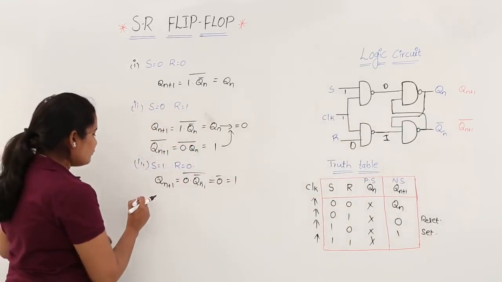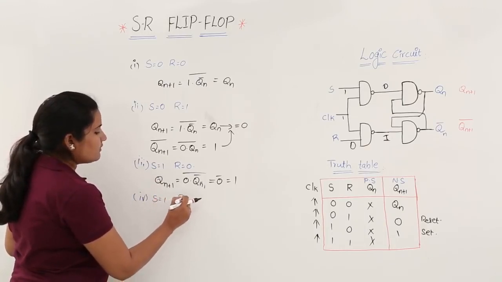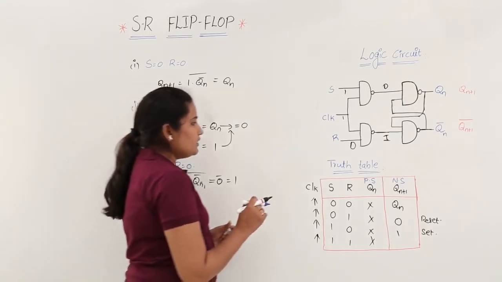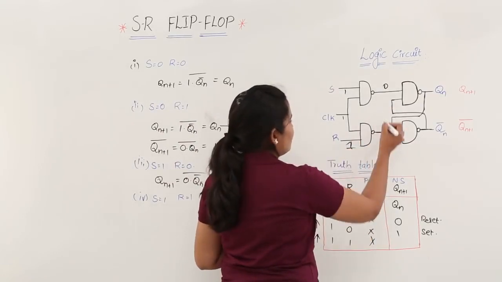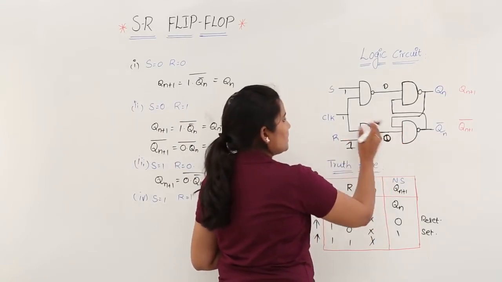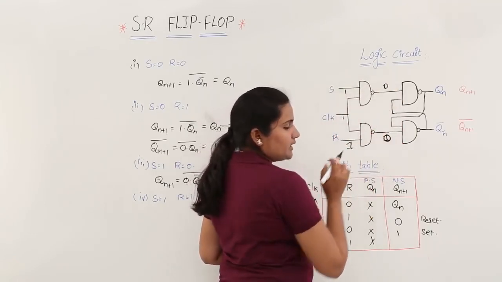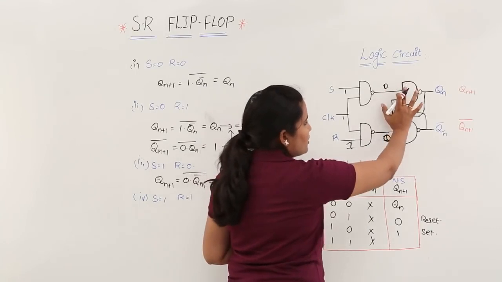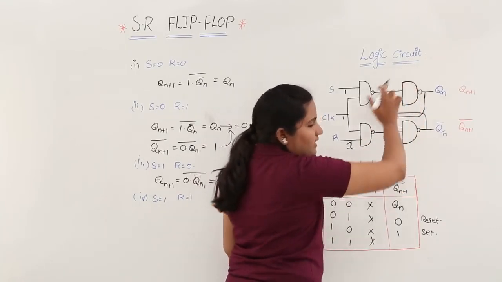Finally, we have the fourth condition, that is S equivalent to 1 and R equivalent to 1. When you give 1 in both ports, 1 into 1 whole bar you get 0, and again 1 into 1 whole bar you get 0. Up to here, this is a latch, right.